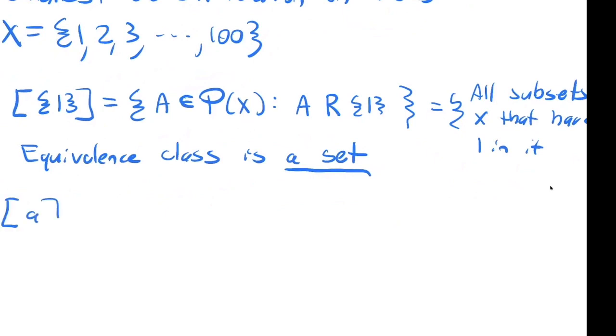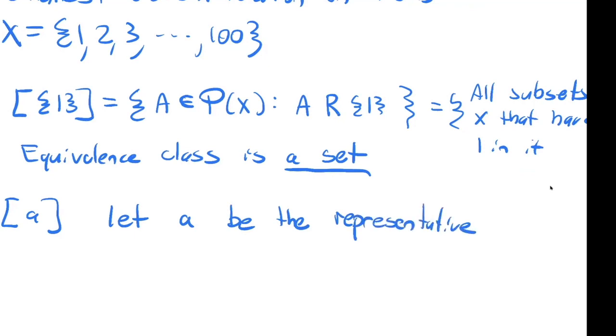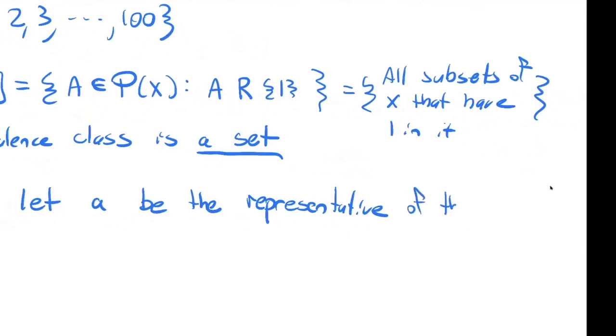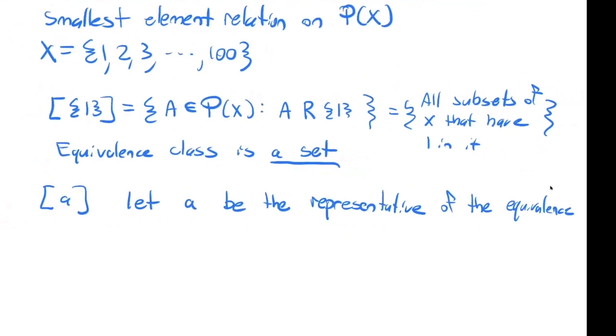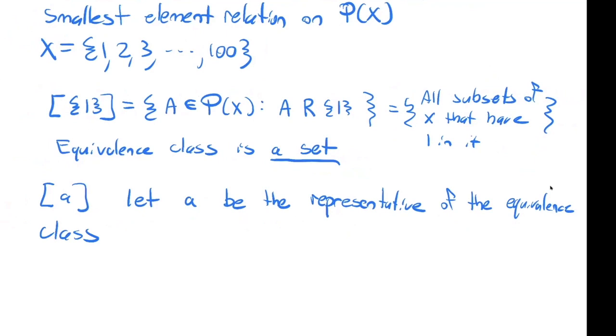We'll see that there are different ways that we might denote an equivalence class. We're going to say that A is the representative of this class because it's the element we're using to describe the class. We're saying that this is the set of all things that are related to A.